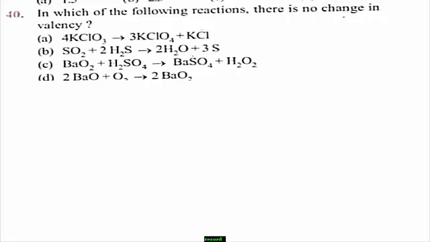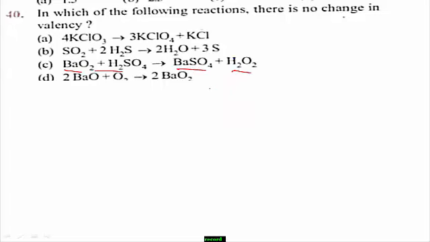Students, when we observe the given reactions, reaction C is not a redox reaction. It is a double displacement reaction, hence no change in the valency. Remember, when BaO2 reacts with H2SO4, it forms barium sulfate and H2O2.